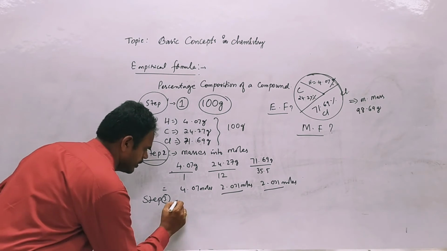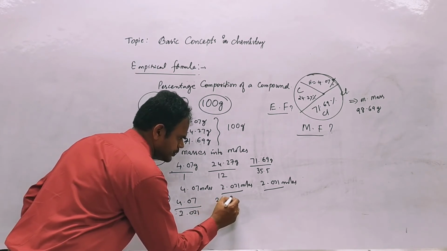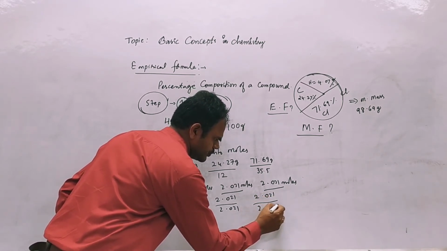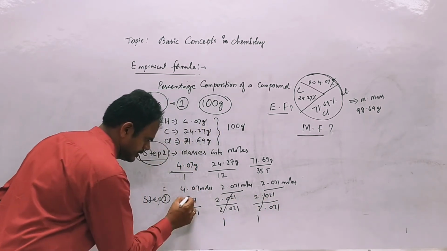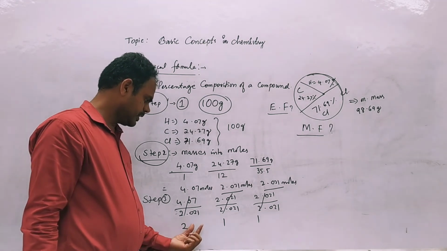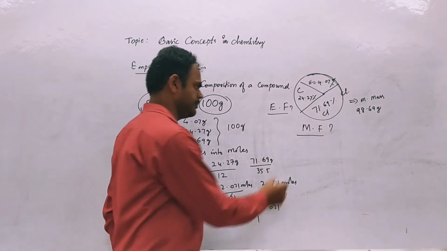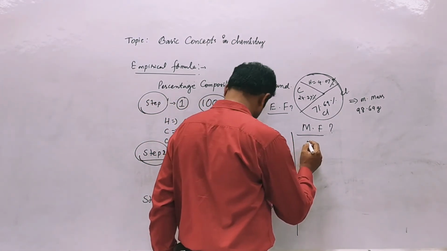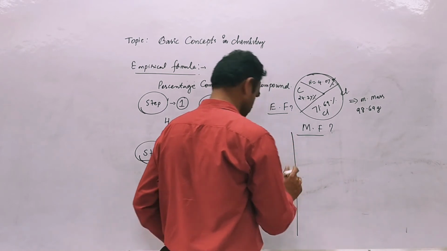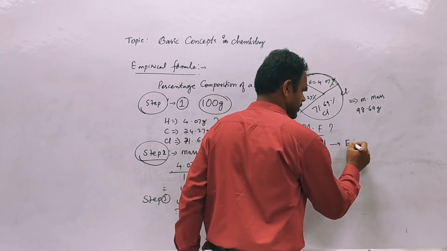The smallest number is 2.021. So 4.07 divided by 2.021 gives almost 2, and 2.021 divided by 2.021 gives 1, and again 1. So we got the ratio of moles as 2, 1, 1: hydrogen 2, carbon 1, chlorine 1. So CH2Cl is the empirical formula.